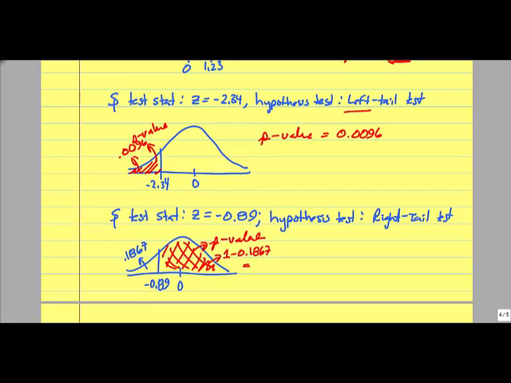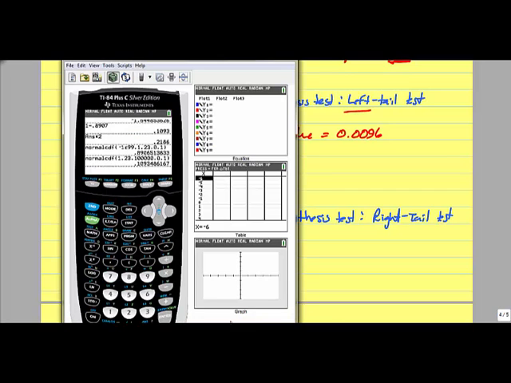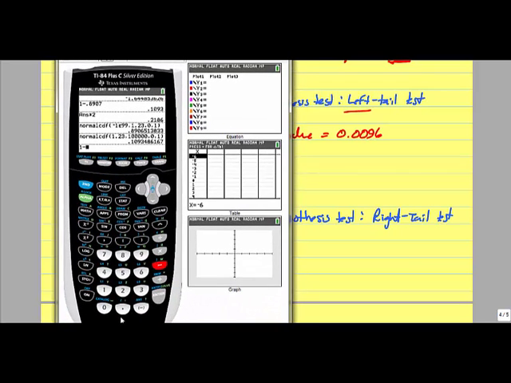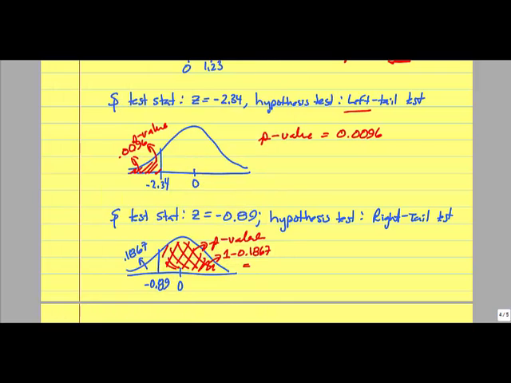So let's look at 1 minus 0.1867. So I get 0.8133. That's a huge p-value. So my p-value for this case equals 0.8133.